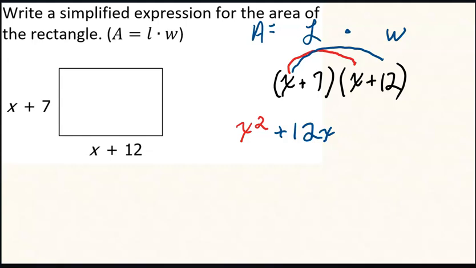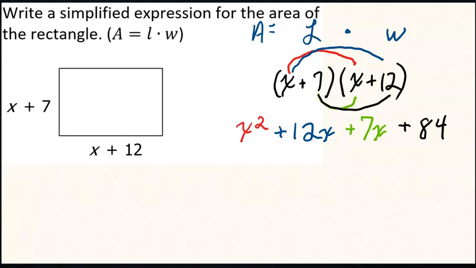In this example, I'm going to keep using different colors as I do this. Now I have to take this 7 and multiply that to these two terms. So 7 times x is 7x. And 7 times 12 is 84.